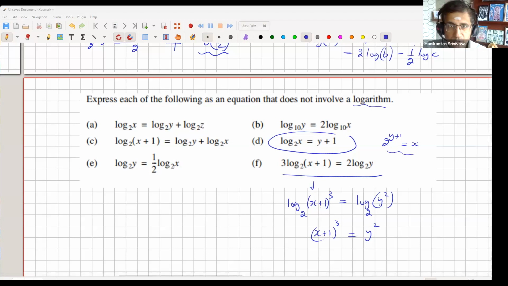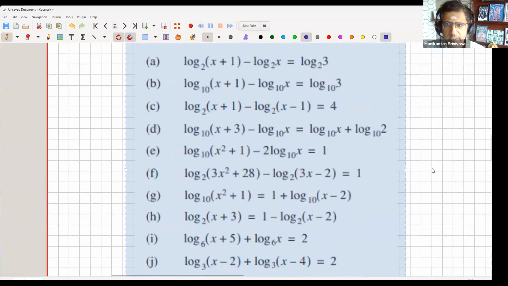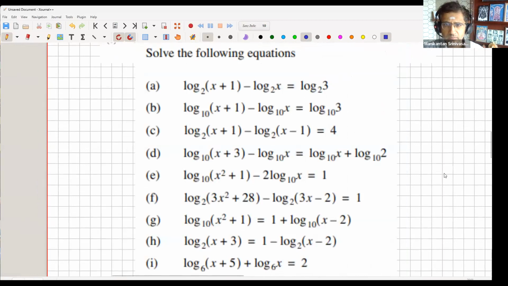Okay. Let's do some solving questions. Let's see. Can we do, in fact, all of you work it out.